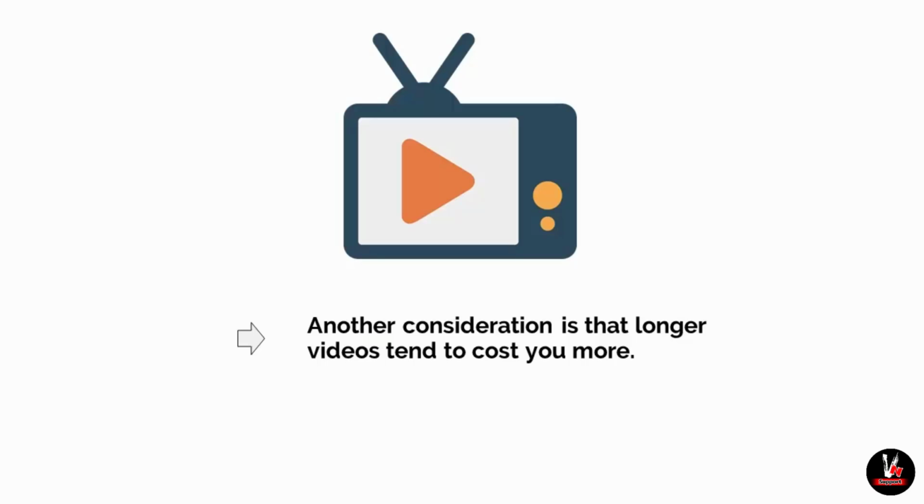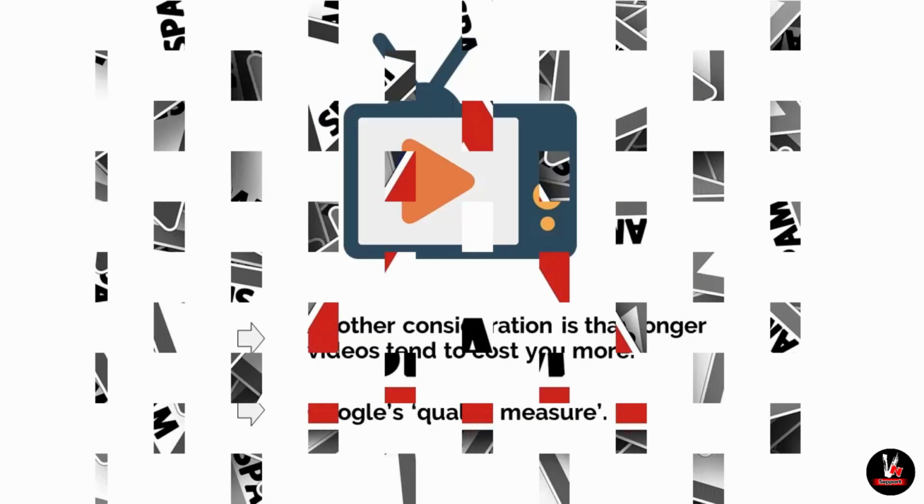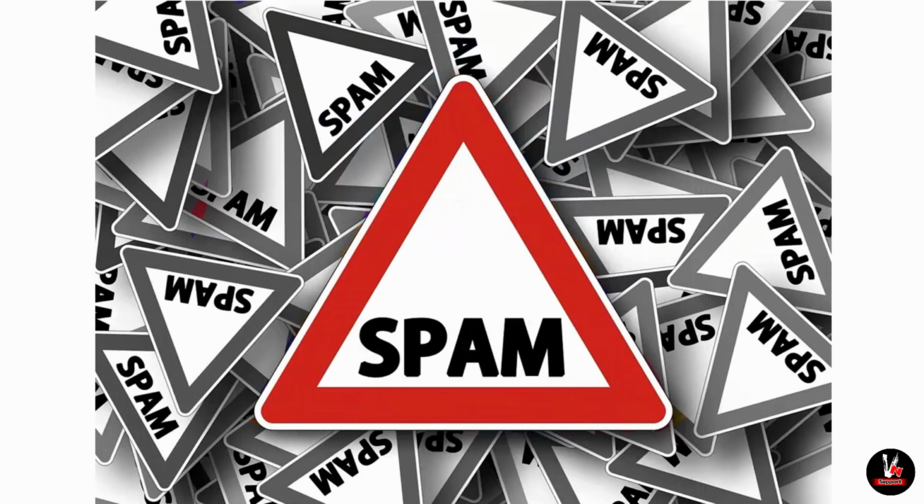Now, this might come as something of a surprise, seeing as your views are supposed to be calibrated via bidding, but it all has to do with a new feature, Google's quality measure. You see, Google doesn't want advertisers to be able to ruin its search engine or video service by creating spammy videos that are poorly made and promote low quality products. But they don't have time to manually vet every advert that gets uploaded.